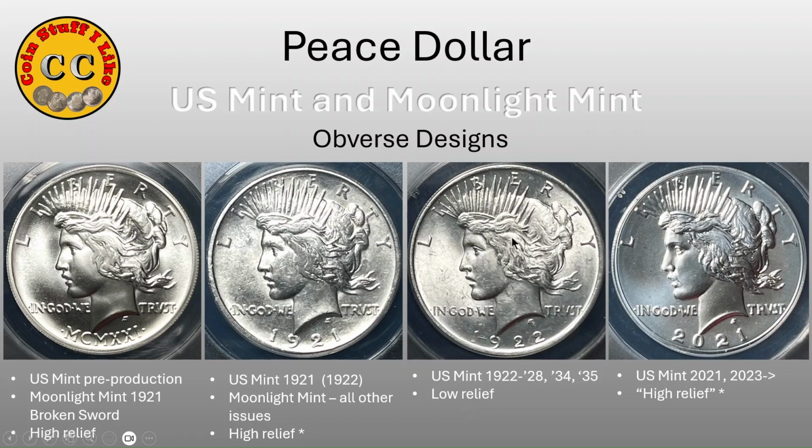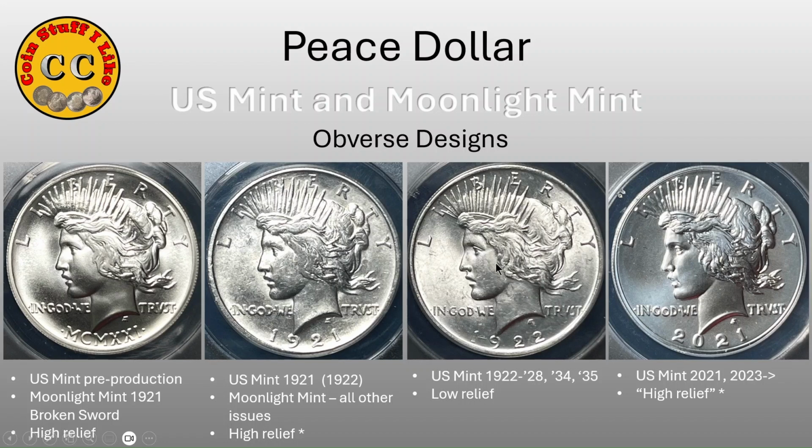When they went to low relief and they redesigned the obverse with lower relief, the ray that comes up next to the E extends above that lower crossbar of the E. All right? So that's an easy way of distinguishing the two.